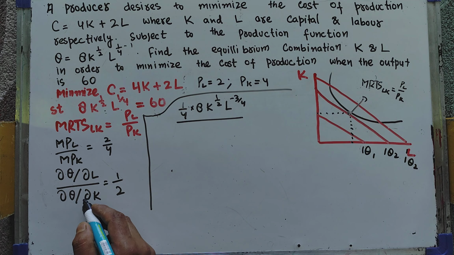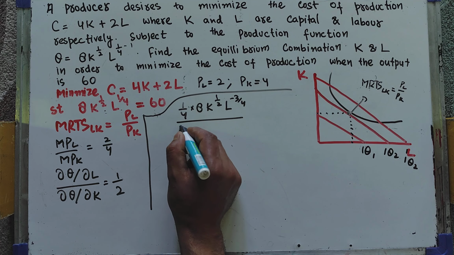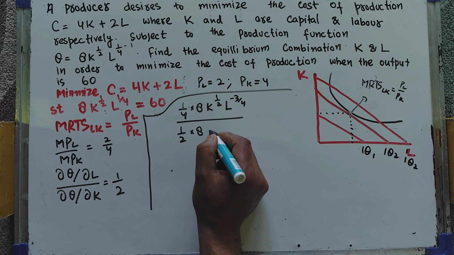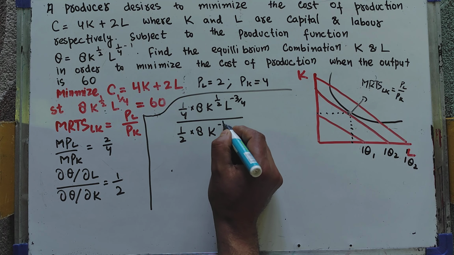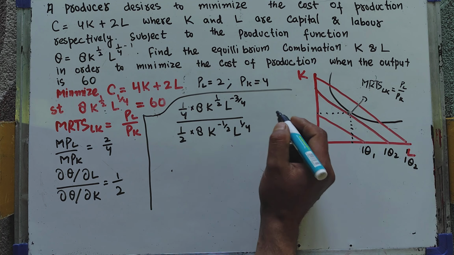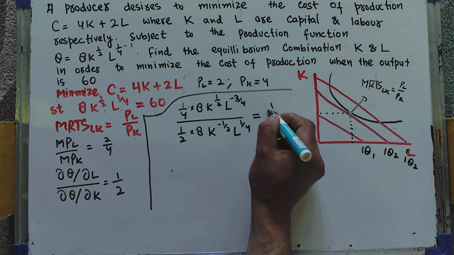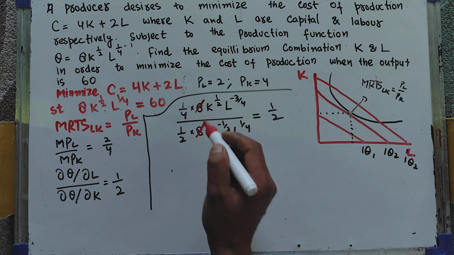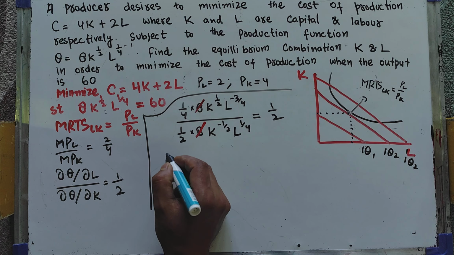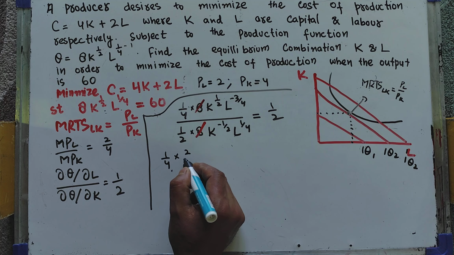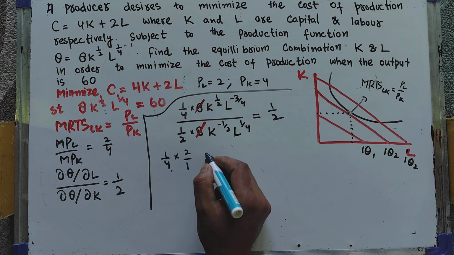Likewise, we take the partial with respect to K, so the exponent of K becomes the coefficient, then we have 8, K to the power, exponent subtracted by 1, becomes minus 1 upon 2, and L to the power 1 upon 4 remains the same because we are taking partial with respect to capital, should be equal to 1 upon 2. So 8 and 8 get cancelled, we are left with 1 upon 4 into, transposing, it becomes 2 upon 1.